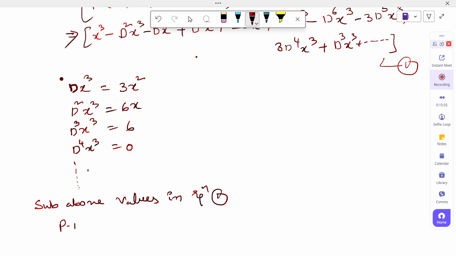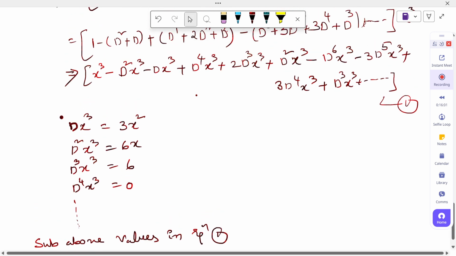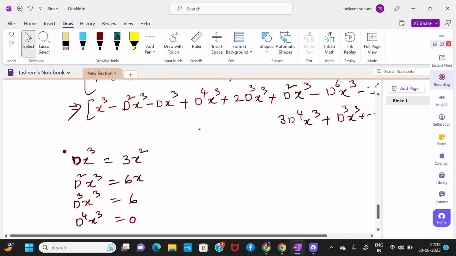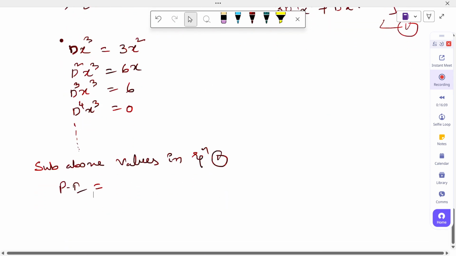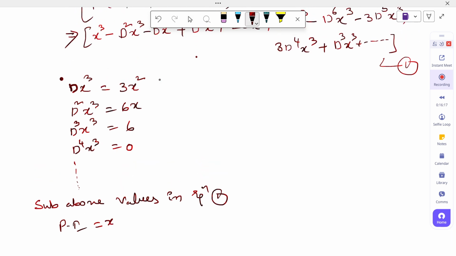PI is equal to, what is our equation number 1? x cube minus 3x square minus d square x cube is equal to 6x.